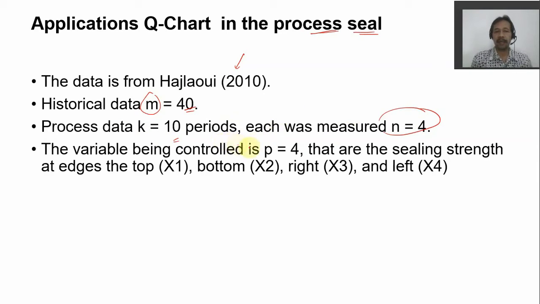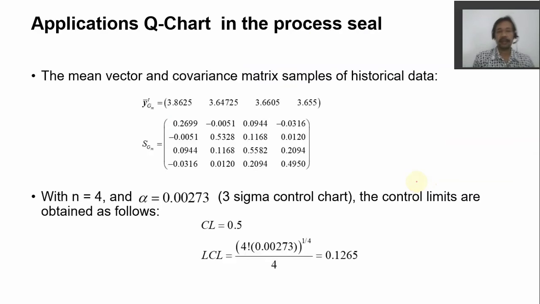The multivariate data is 4-variate, with dimension 4: the ceiling strength X1, the bottom, the right, and the left X4. And from the data, we calculate the mean vector and the variance-covariance matrix.